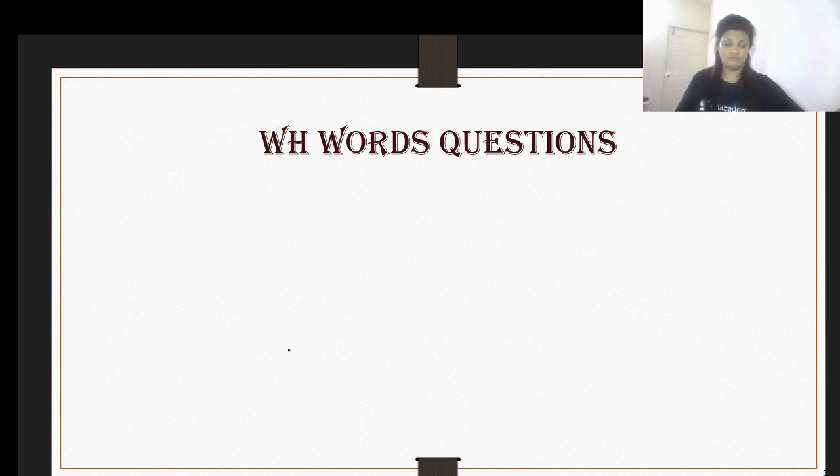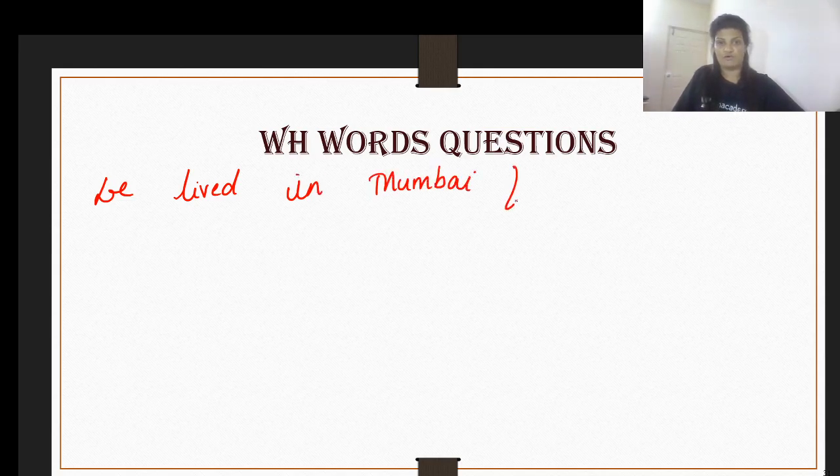Now let me take you to the other example of we. I gave you the example earlier as we lived in Mumbai for a year. We lived in Mumbai for a year, put the full stop, and how do we convert that into a WH question? Here we are going to introduce the WH word.